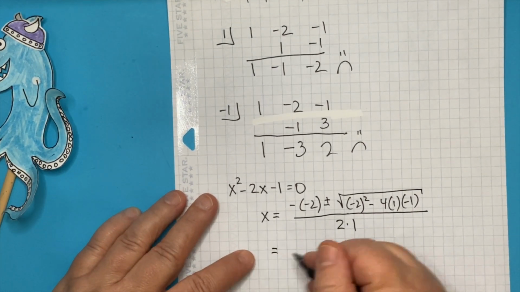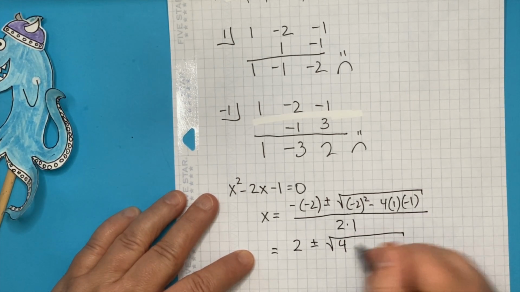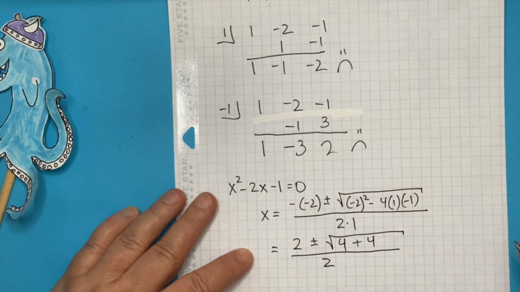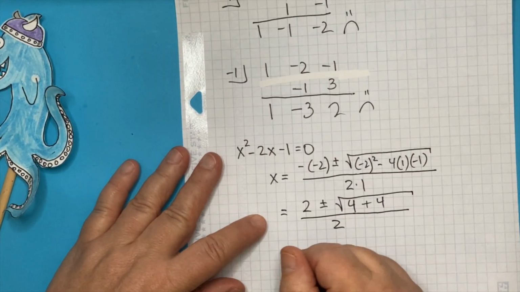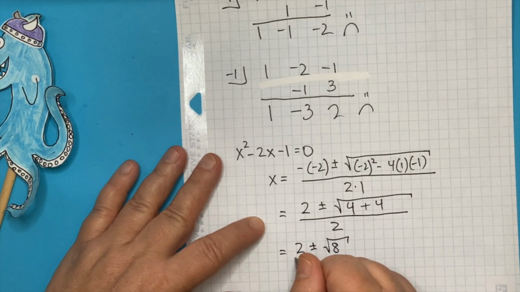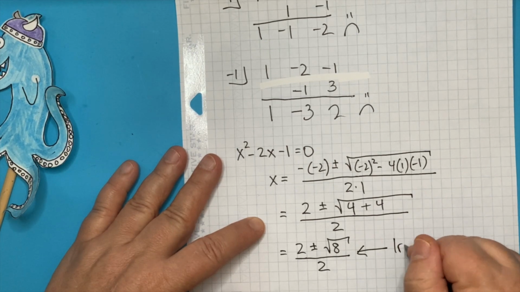Okay, so that's going to be 2 plus or minus, let's see, inside, that's 4 plus 4. Oh, I see what's happening. Do you guys see what's happening? 2 plus or minus radical 8 all over 2. So this is irrational.